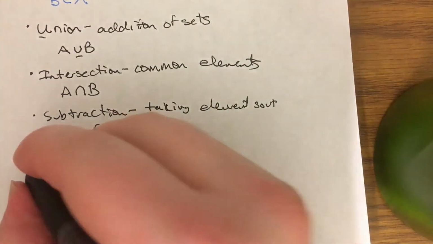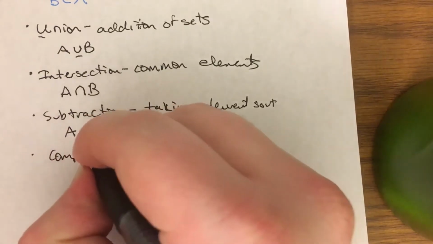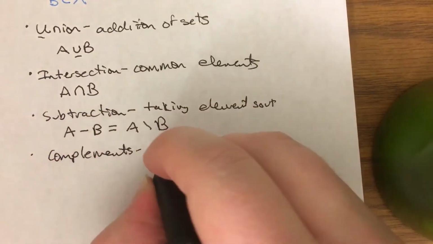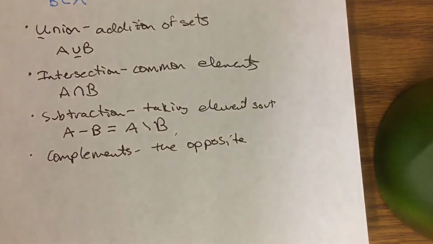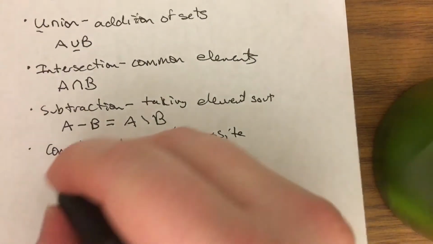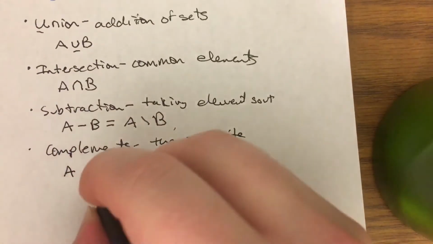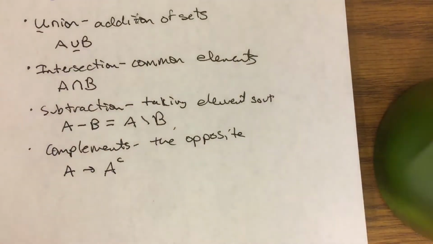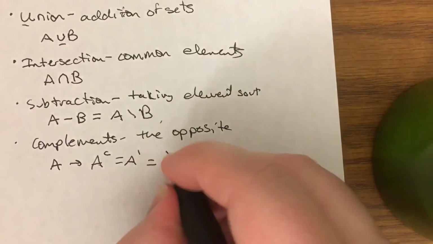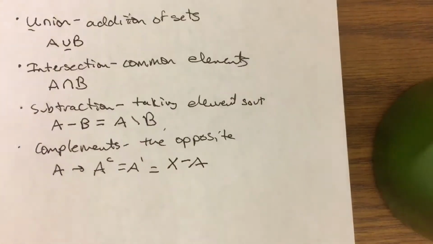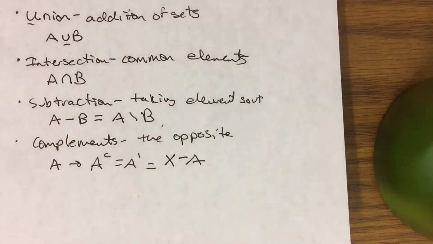Got one more to talk about, complements. The opposite. So let's say you have a set A. A complement is denoted as that, or A prime, which is equal to X minus A, which brings up an important point.